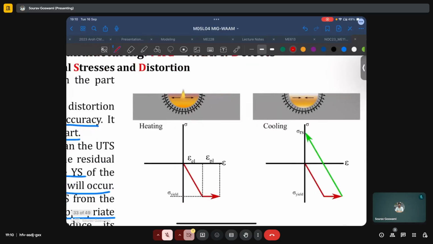So here we have this Gaussian energy source which leads to melting. The material inside the melt pool has molten, and as we know, typically metals will expand when they melt.